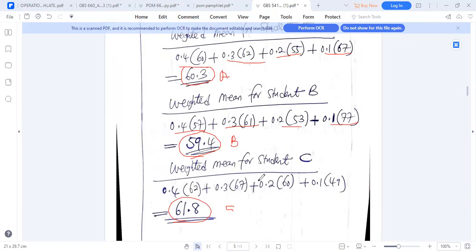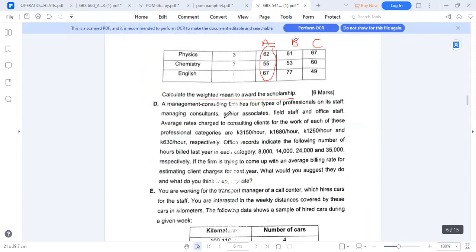The other parameter we need to look at is part D of this problem, which is about a management consulting firm. It has 4 types of professionals on its staff: managing consultants, senior associates, field staff, and office staff.